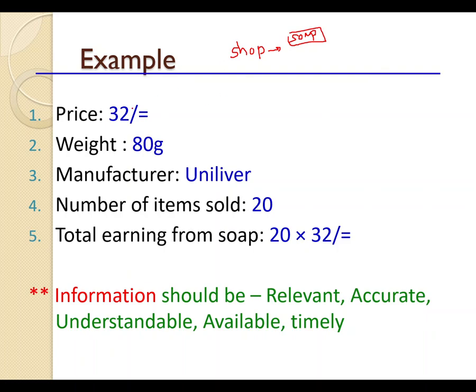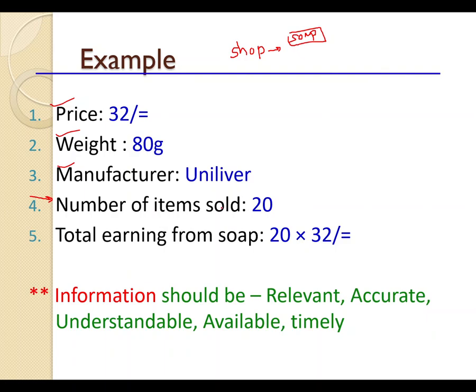Then I observe these details. When I observe that the price is written as 32, weight is written as 80, manufacturer was printed in the soap as Unilever, number of items sold 20. Wait. How can we get this number of items sold?